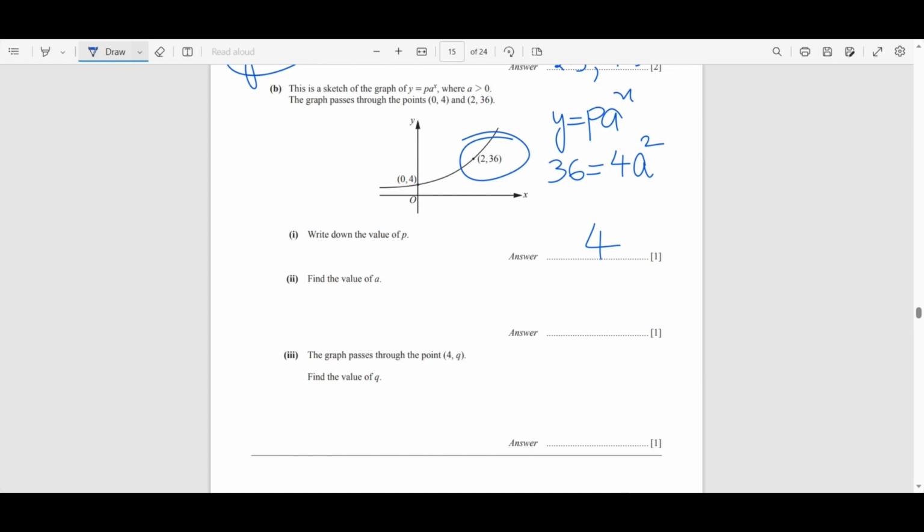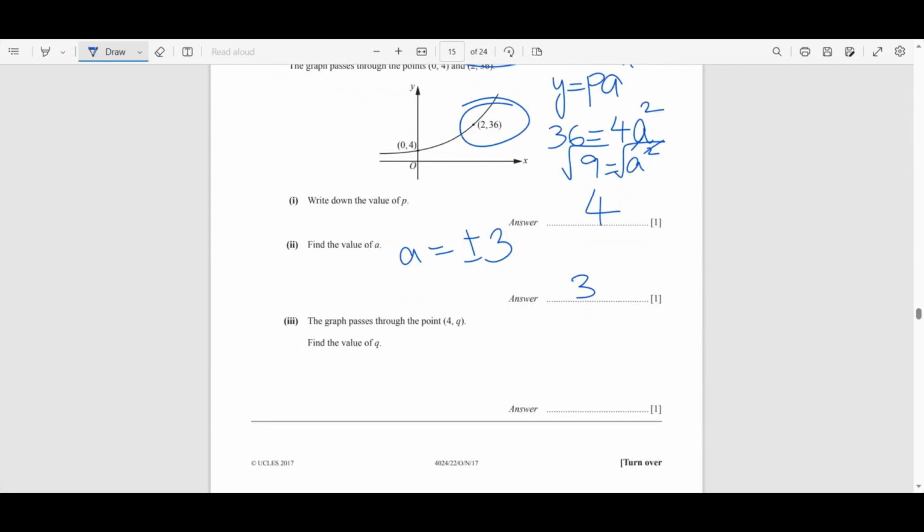So 36 divided by 4 is 9, equals a squared. And then the value of a will be 3. Ideally, it is plus minus 3, but because of the condition that a is greater than 0, we are going to reject the negative value and accept the positive value. So the value of a turns out to be 3.